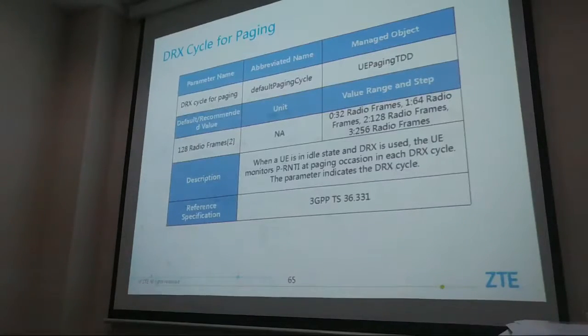Only then will it monitor and read it. So if we set the T too large, the UE's time delay will be large. When it initiates a service request, it has already waited a long time. That means if we send a message to this UE and it arrives at the SGW, we should wait a long time when we send the paging.